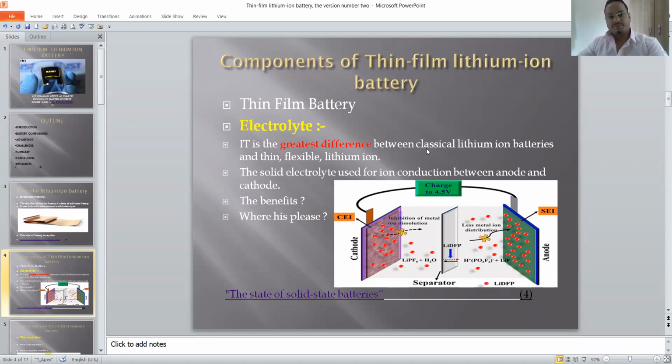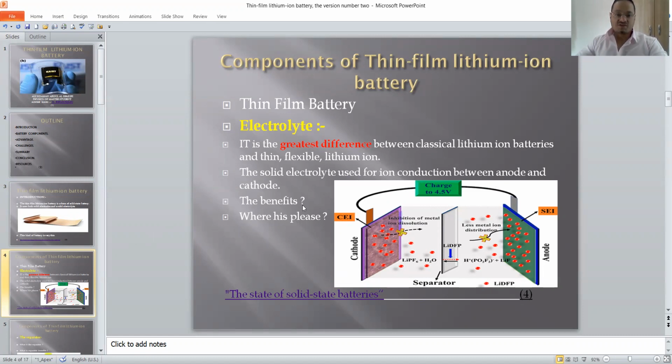Here the electrolyte is a solid material, not like the other, where we can say something like water, not just real water, aqueous. The solid electrolyte is used for ion conduction between anode and cathode, like I said before.